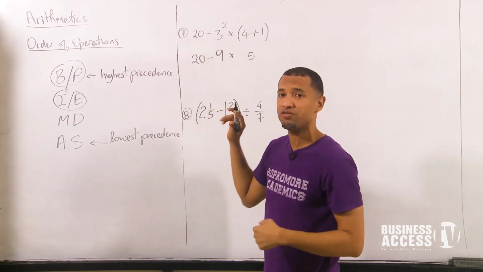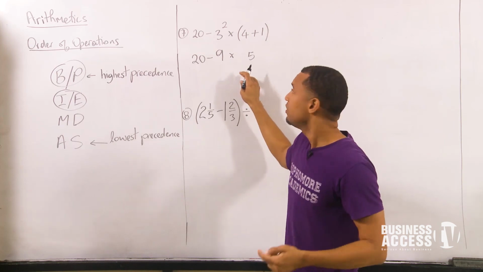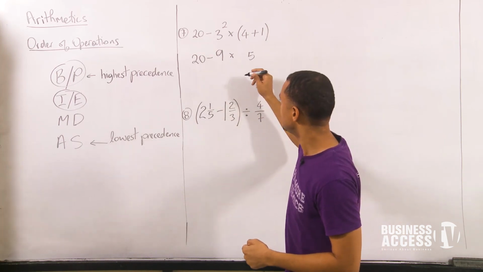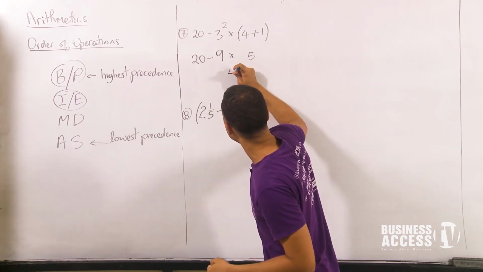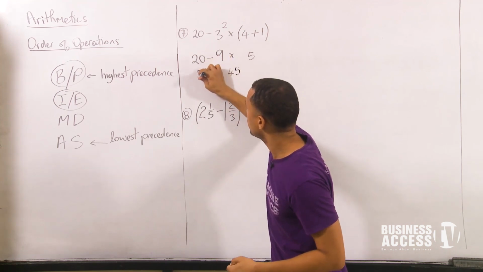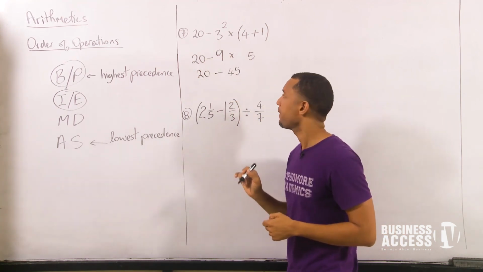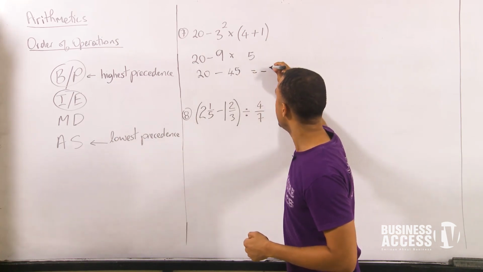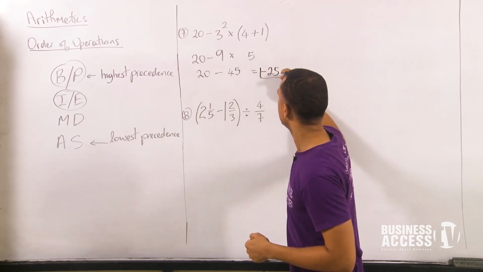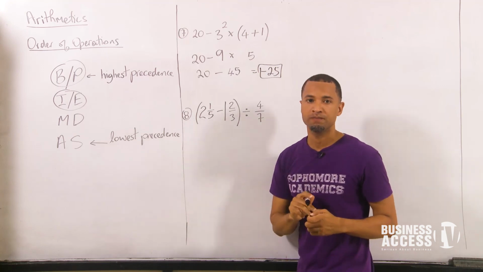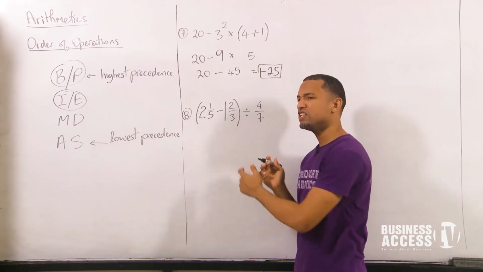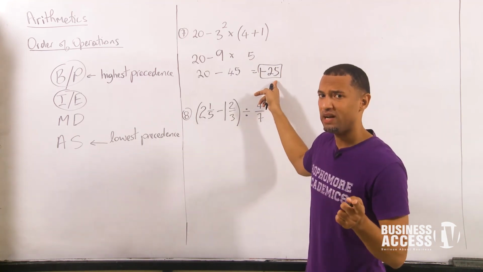So we do the multiplication first. 9 fives, 45, ladies and gents. So we'll have 20 minus 45, which gives you what? It gives you negative 25. Ladies and gents, and look here. Moving into number 8, I hope you got your negative 25.